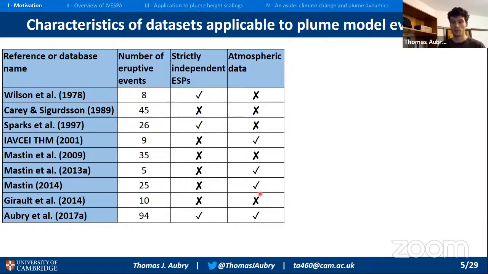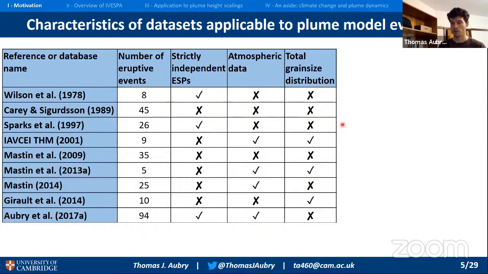Or sometimes they may use simplified atmospheric data, like this dataset by Giro and co-authors. Only a few datasets include total grain size distribution, and that's just because it's less commonly constrained. In particular, you can see that the datasets that do include them have a lot fewer events, for example, 5, or 9, and 10 for this one.